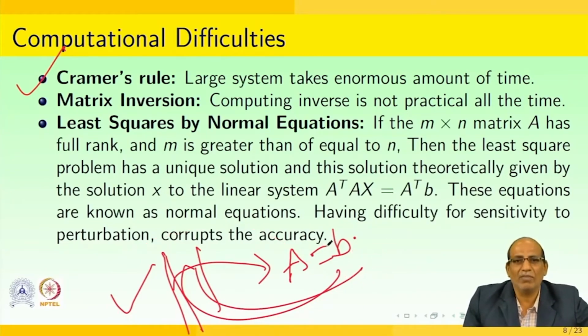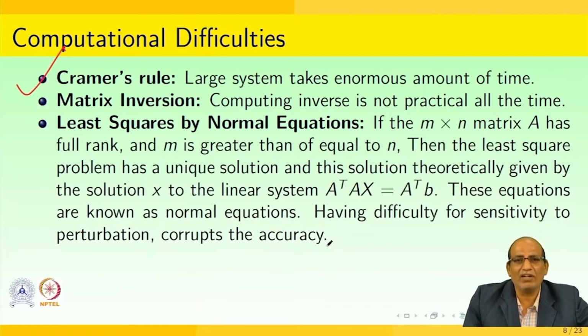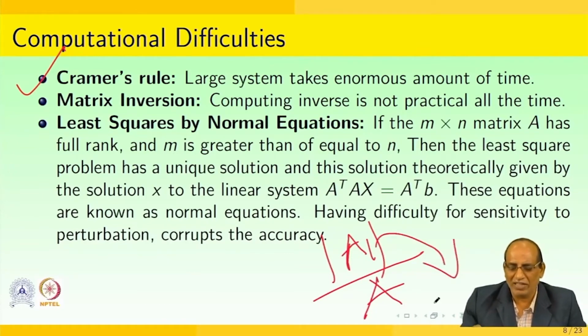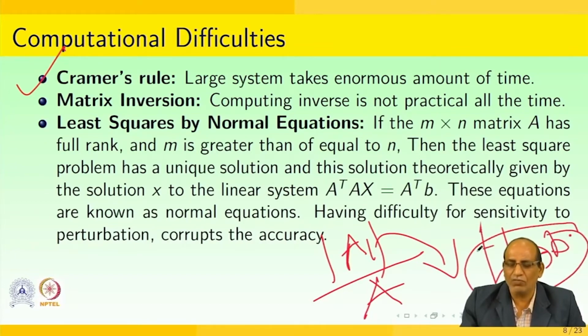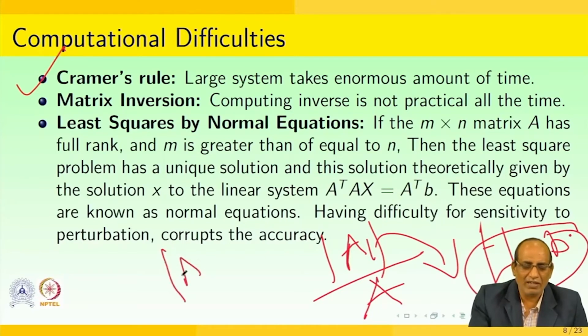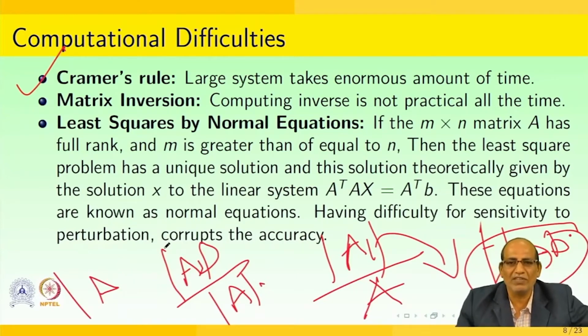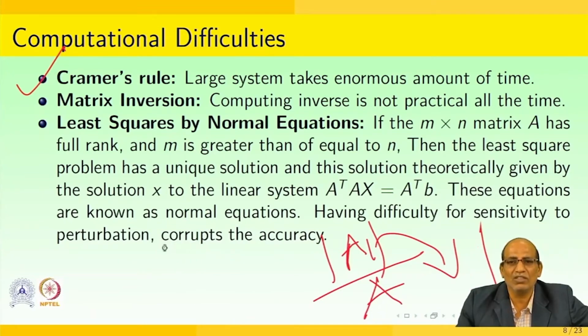Essentially, Cramer's rule is the determinant of A1 upon the determinant of the coefficient matrix A. What is A1? It is the matrix A where the first column is replaced by the vector B. Similarly A2 upon A, A3 upon A, and like that you keep on doing it. Especially when the matrix becomes very big, it becomes very difficult for us to use this rule.